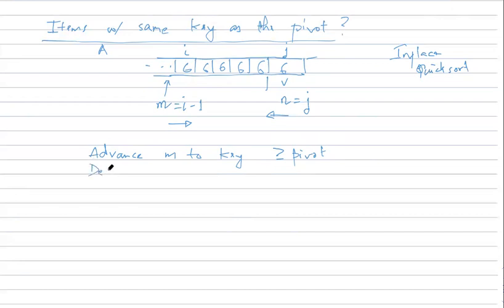And likewise, decrement N to key that is less than or equal to pivot. And once it has come to the point where it is greater than or equal to pivot and less than or equal to pivot, wherever the M and N is, we perform the swap operation, right? So we swap items at M and N after going through this process.